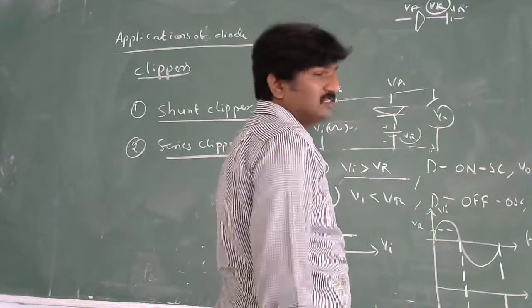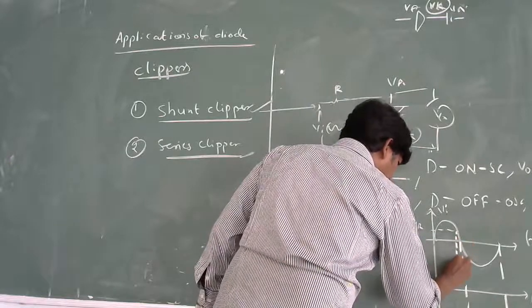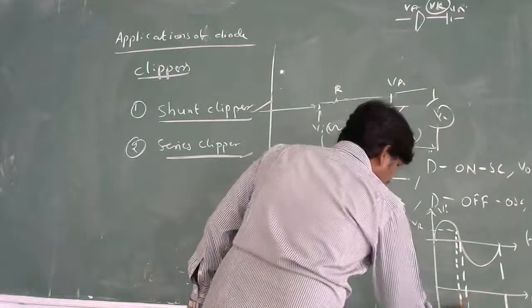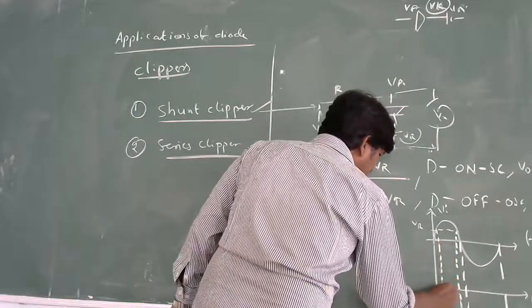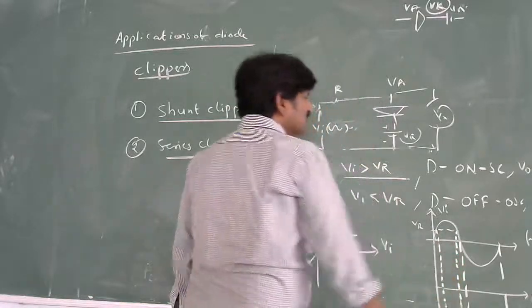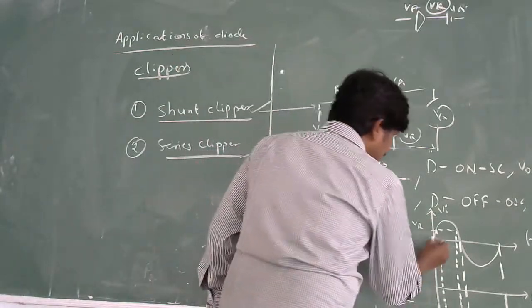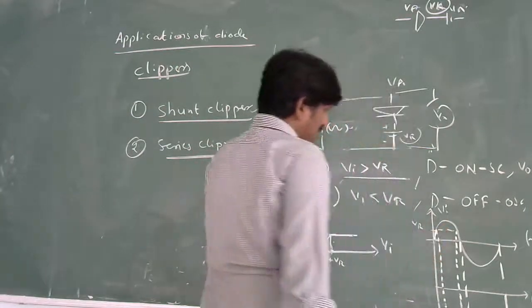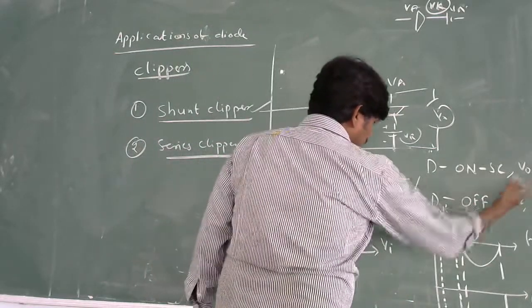Now how do we consider the reference voltage? The tripping of the conduction of the diode will consider the reference voltage, not the zero crossing. We just have to understand this portion. It is less than VR. What is the output? The output follows.